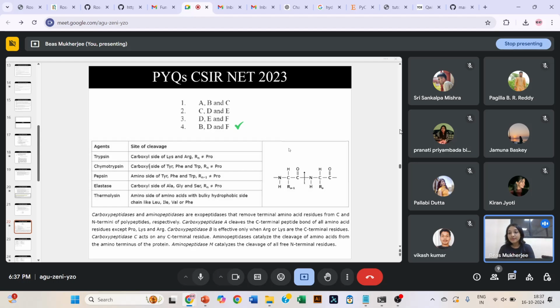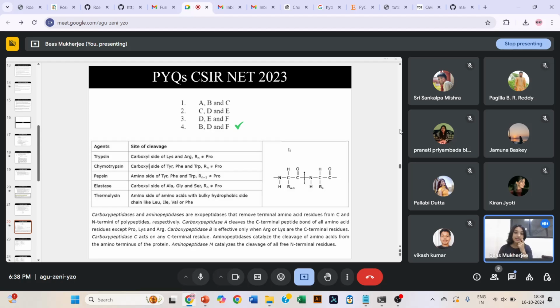Alright. Now see, carboxypeptidases and aminopeptidases are exopeptidases. So that means they are going to cleave between the first and second amino acids on the C and N terminal respectively, right? And carboxypeptidase A cleaves the C terminal peptide bond of all amino acids except proline, arginine and lysine. B cleaves only arginine and lysine, and C cleaves all, right?